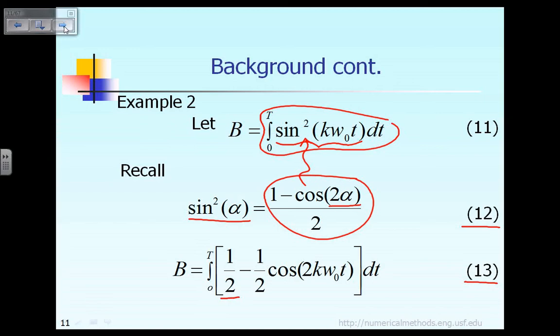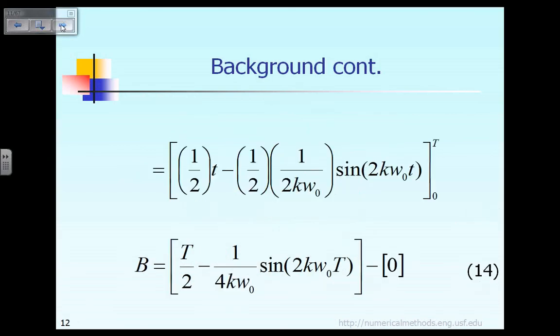And the integral of the second term, which involves cosine of an angle, is straightforward. After putting in the upper limit capital T and the lower limit 0, equation 13 becomes the equation shown on the screen.